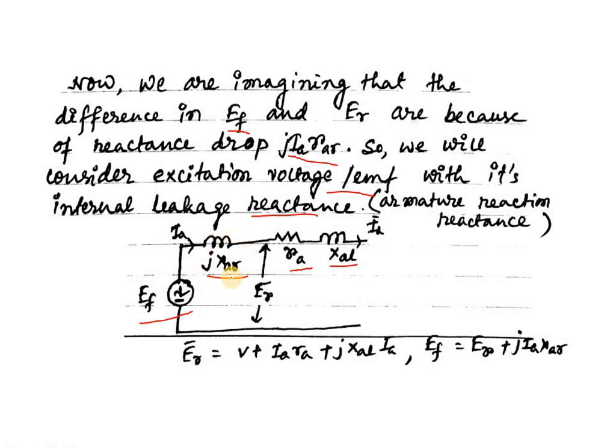So our new equivalent circuit, considering the armature reaction reactance drop, becomes ER = V + IARA + jXALIA, where EF = ER + jIAXAR.